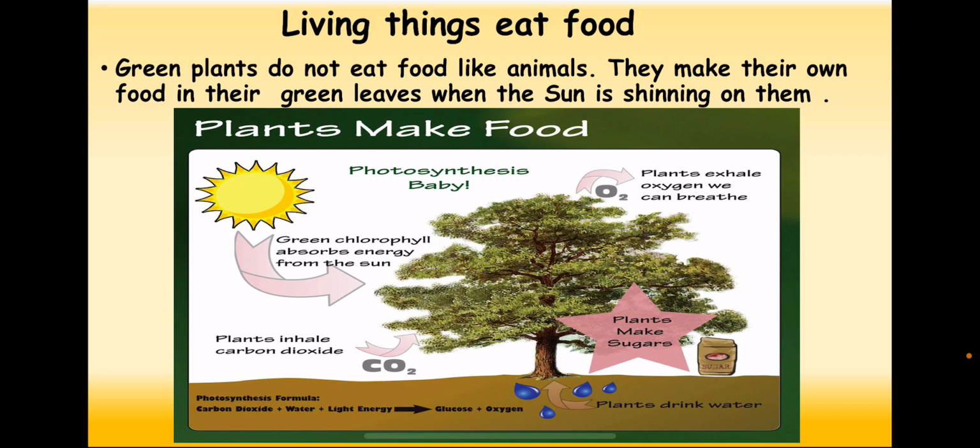So all living things, including animals, birds, humans, and plants, need food for their growth and development. A few animals and birds feed on plant products, and plants obtain their food from air, soil, and sunlight.